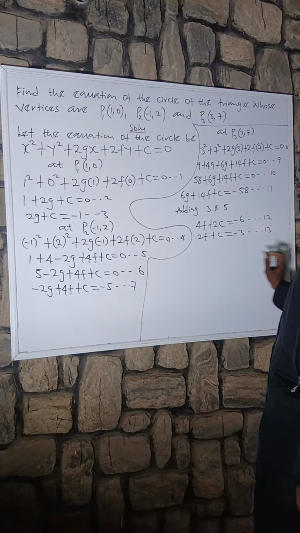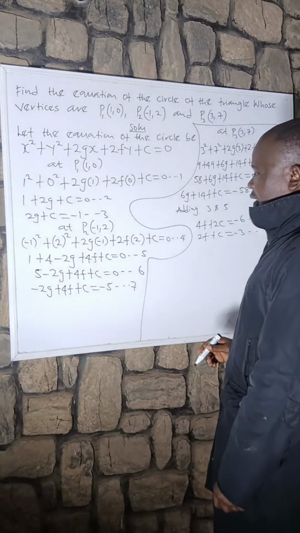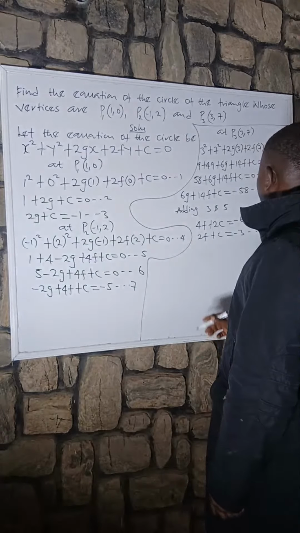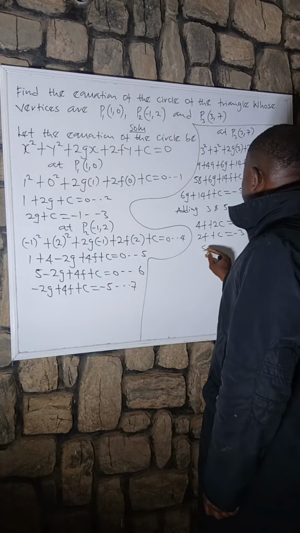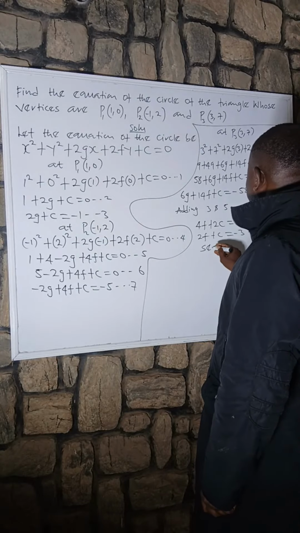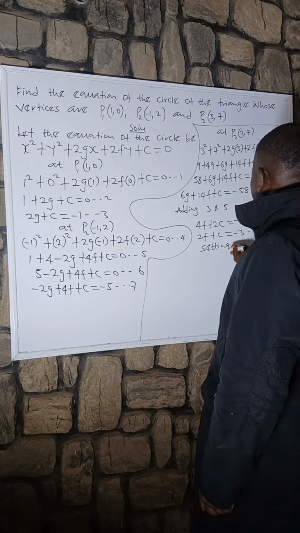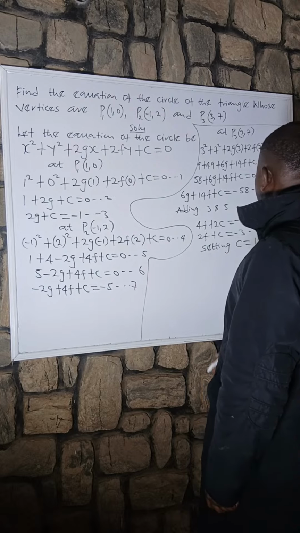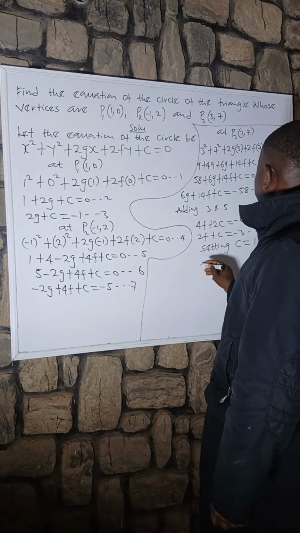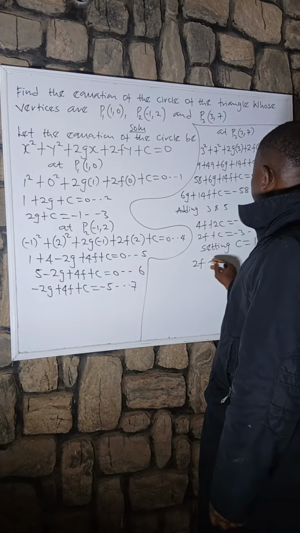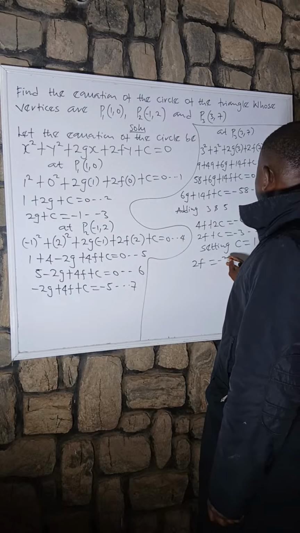Otherwise, we won't be able to solve this problem. Or c as constant, if we set c equals to plus 1, from here, it means we are going to have 2f equals to minus 3.